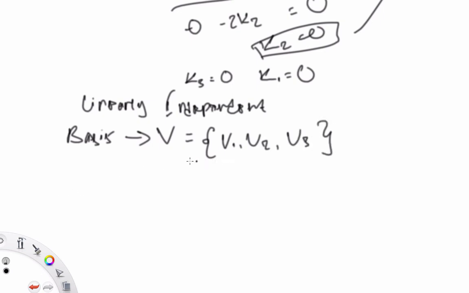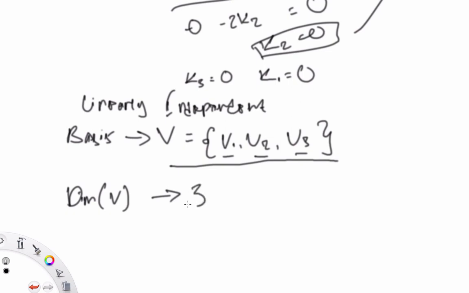This is the basis, where u1 equals 1, 1, 1, u2 equals 1, 2, 3, and u3 equals 1, 2, 1. And the dimension of V, how many dimensions of V here? So the dimension of V here is 3. u1, u2, and u3. Okay, that is enough for the first example.